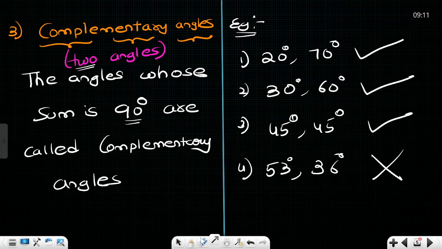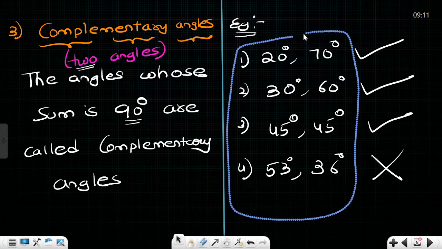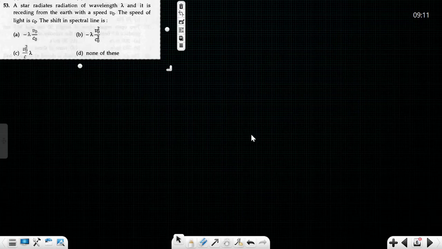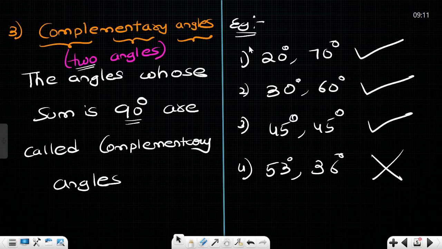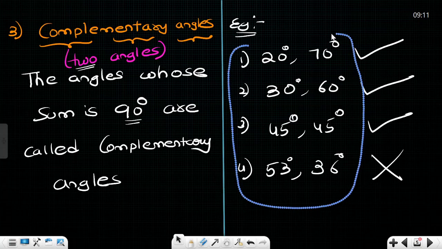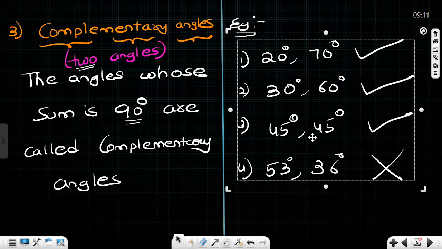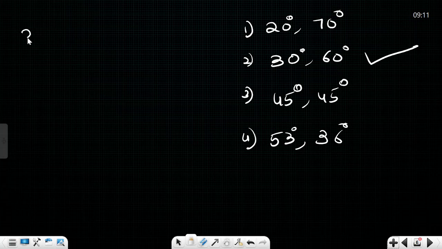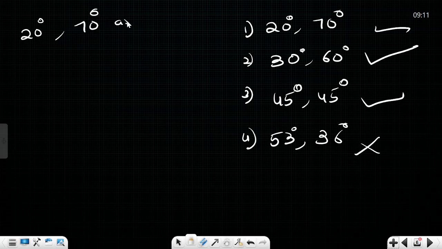If you take this example, 20 degrees and 70 degrees are called complementary angles, right?